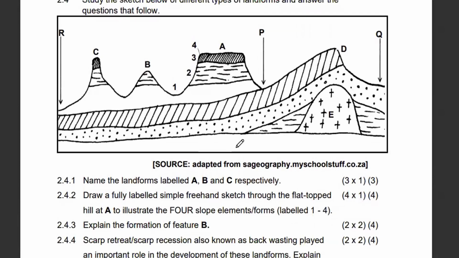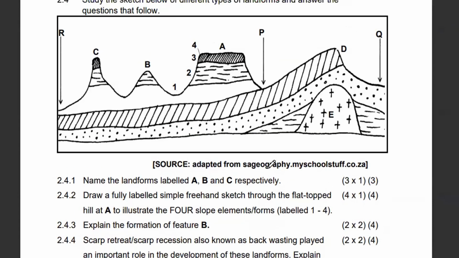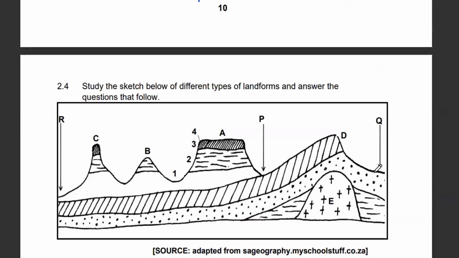Next question is question number 2.4. Right, the 2.4 is based on features of the Karoo landscape. Name the landforms A, B, and C, respectively. Our landform A is wider than its height.